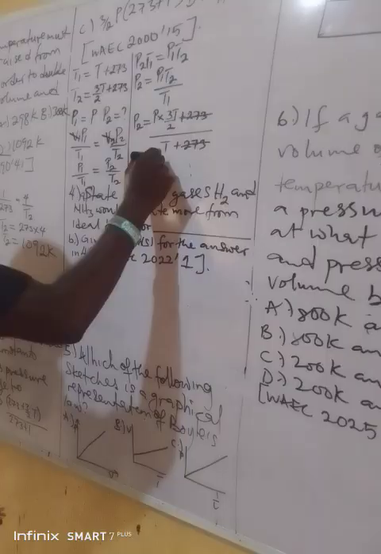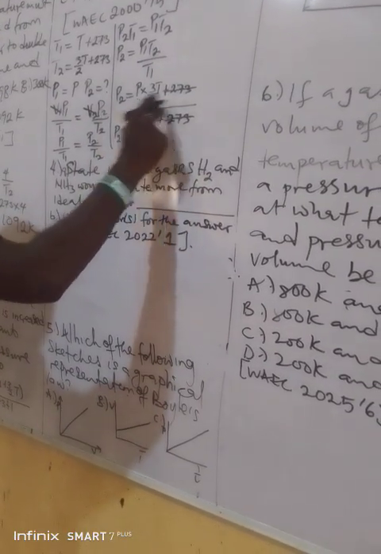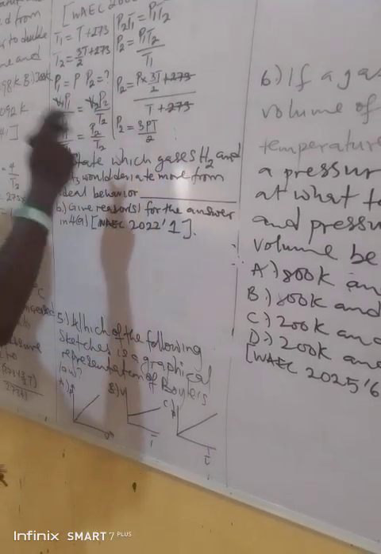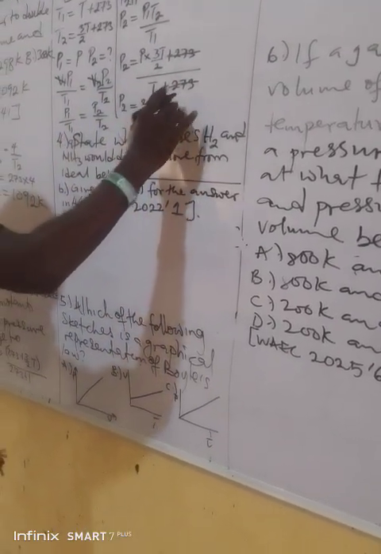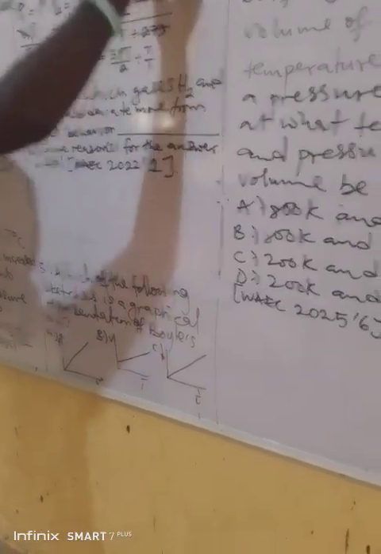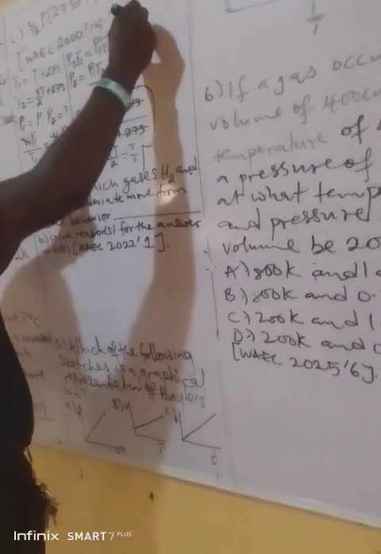You have 3PT over 2, divided by T over 1. Mathematicians, what do we do here? Cross multiply.